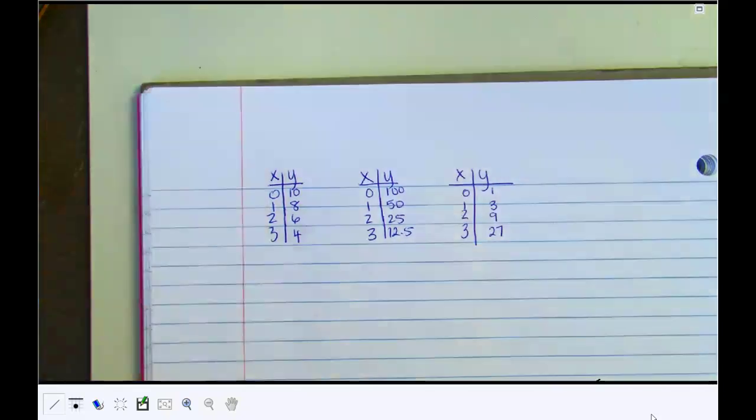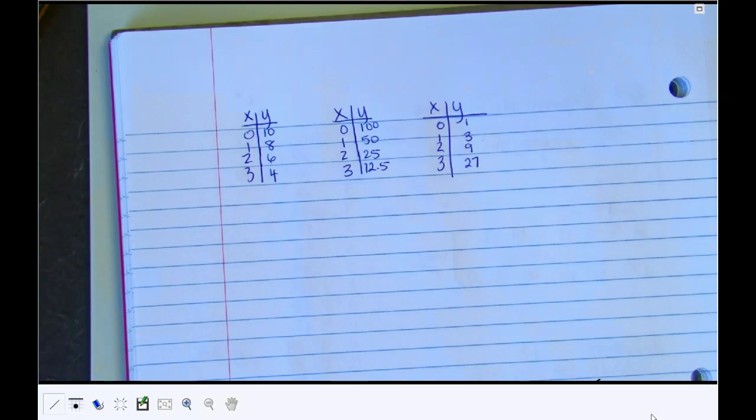Okay, same question. Linear or exponential? I actually got 3 of them. Can we not divide? Correct. You cannot divide. It's a good question. Oh, so that's why we're talking about it.